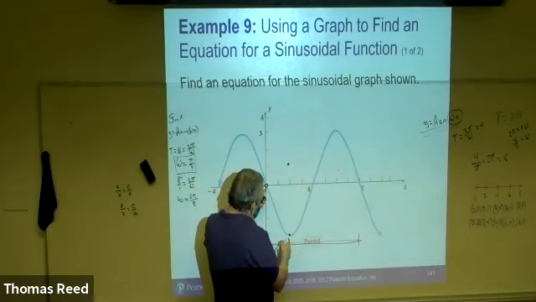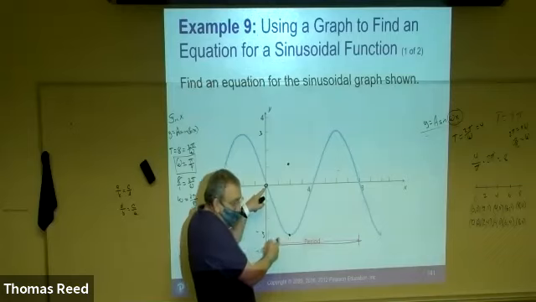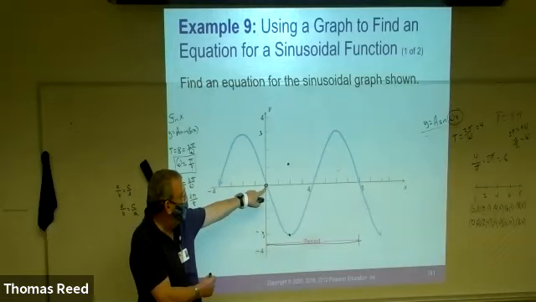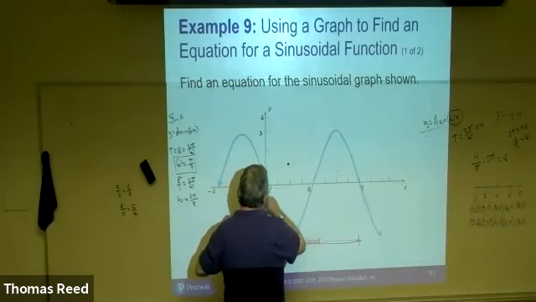So I'm multiplying by 3, but not 3. I'm multiplying by -3. Does that make sense? Because sine goes this way.